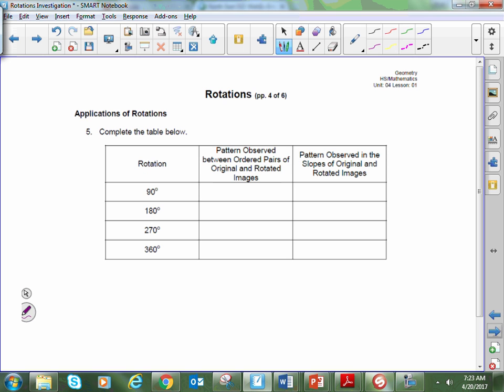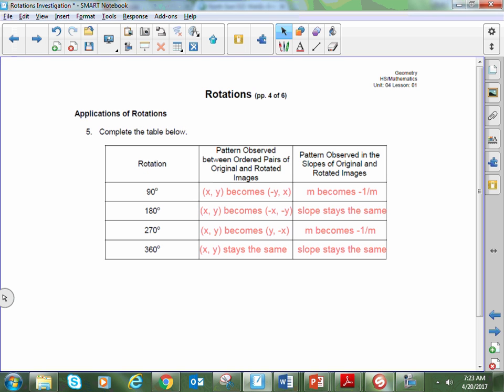So here we're kind of taking a look at, how would we actually do it? If I just said I have a figure and I'm doing these rotations, what would we see? Well, these are the general patterns that we established in our tables from the previous figures that you rotated. For a 90-degree rotation, X and Y are transposed, and the sign of the Y coordinate changes.